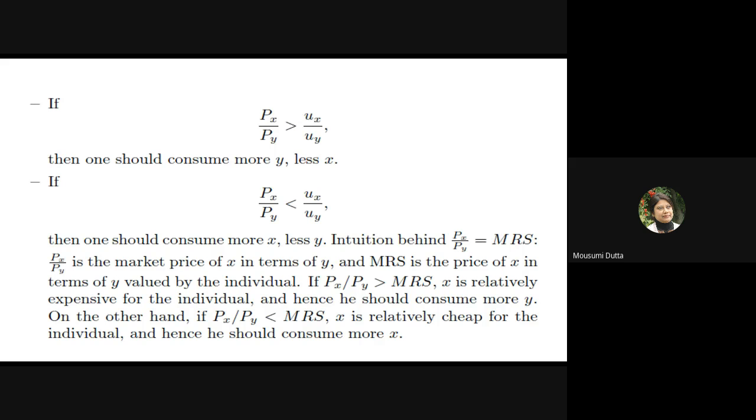Mathematically, we understand this is the highest reachable point, and for that matter, this will be considered the equilibrium solution. However, intuitively also, we need to understand why px by py greater than ux by uy or px by py less than ux by uy are not equilibrium solutions. So let's first start with px by py greater than ux by uy.